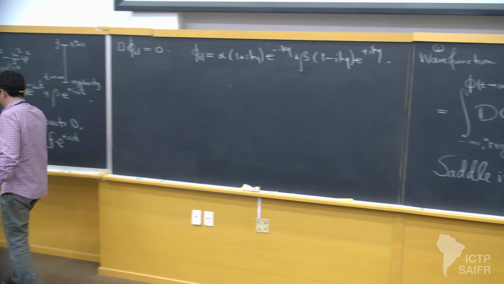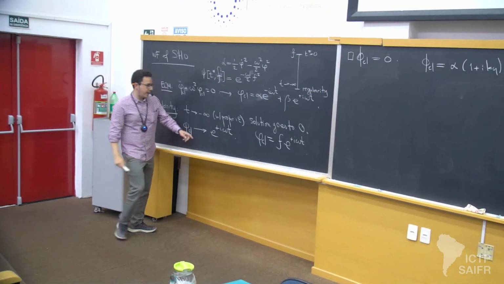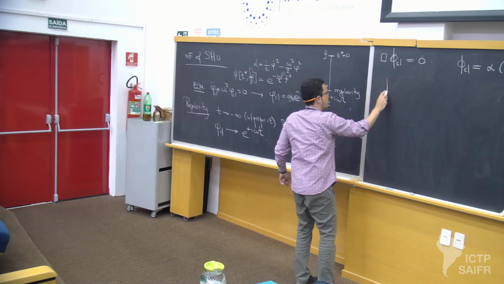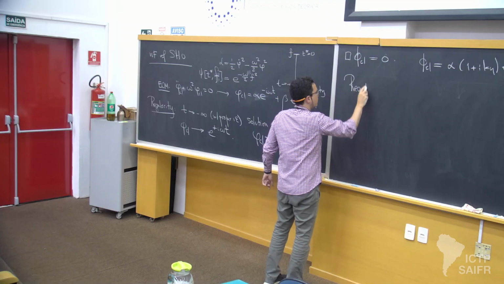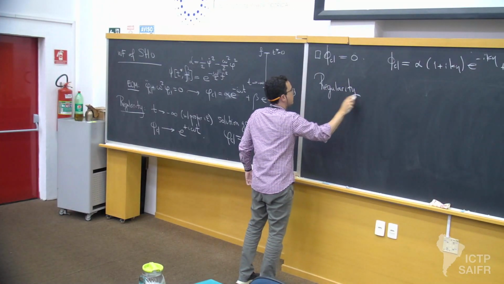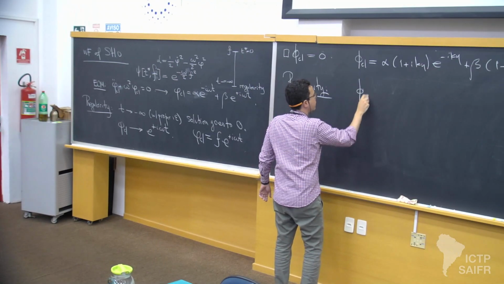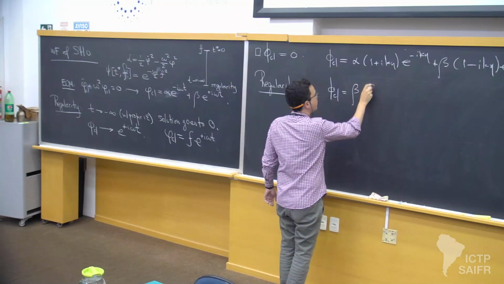And here, as for the harmonic oscillator, to get the right answer, you pick this solution by regularity. So by regularity, phi classical is beta.